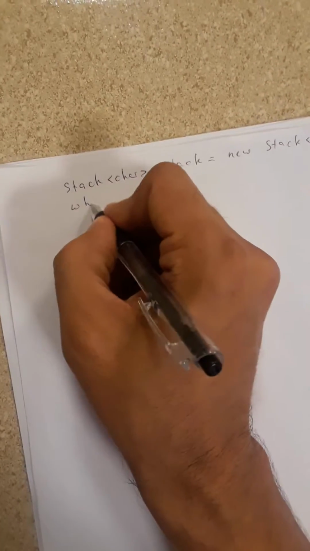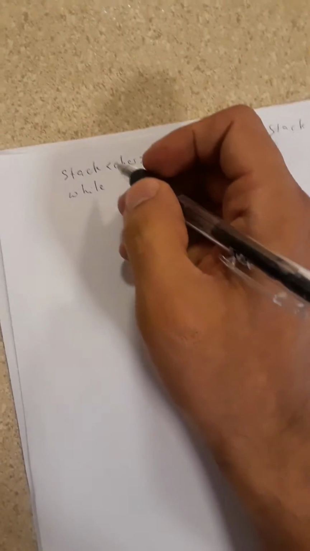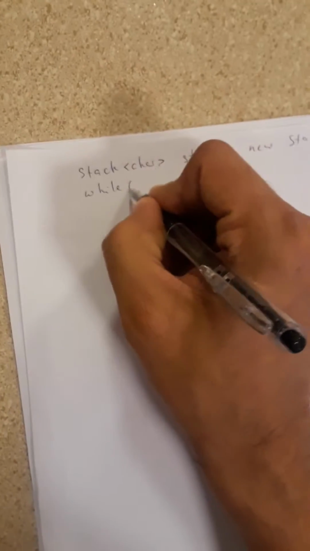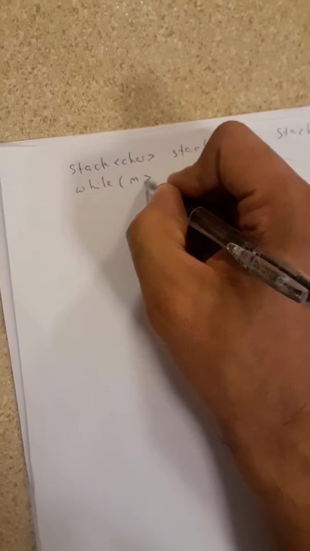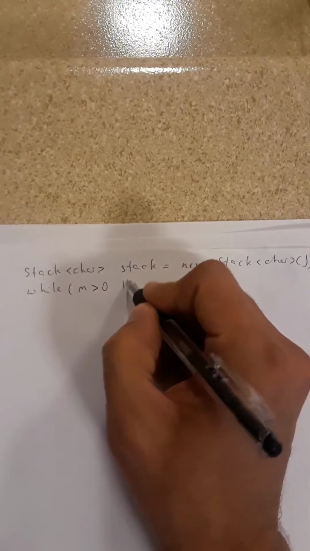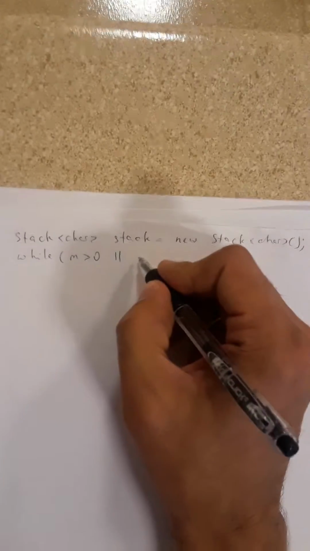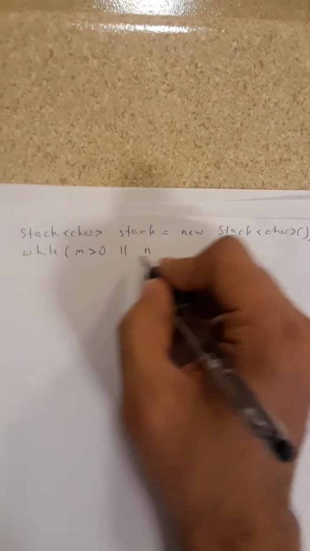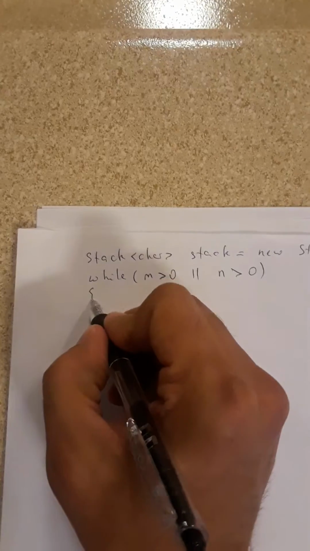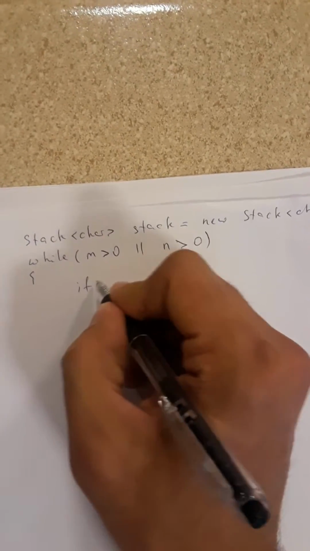Then I will run my while loop just to go through each character in the matrix, and I will run from the bottom, from the last element, until it reaches the first element of the matrix. So it will run while either index m or n is greater than 0.